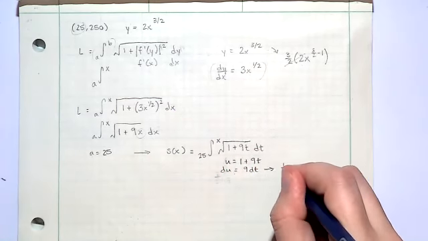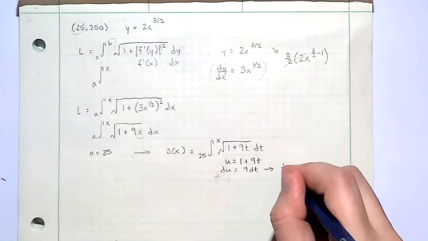We can rewrite this as taking the integral of u to the 1/2 du and then just have this 1/9 out in front. Just from the constant, that'll just carry over in front.